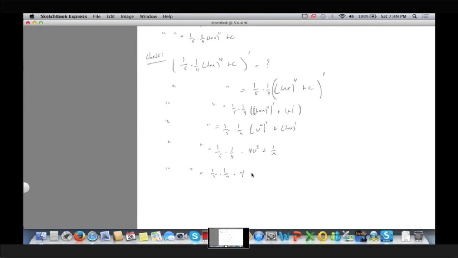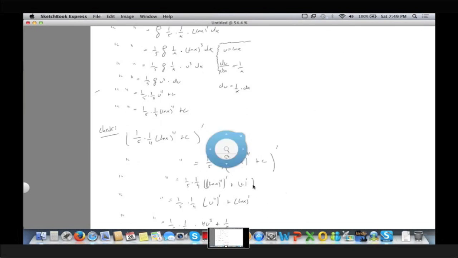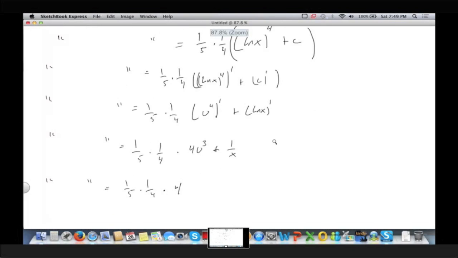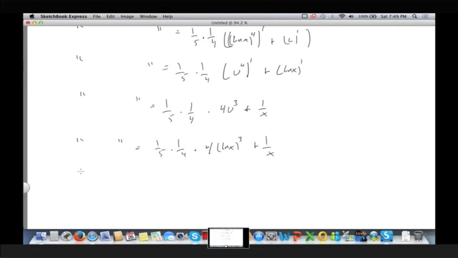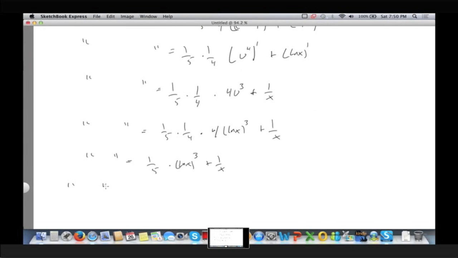And u was natural log of x. So now this cancels out and we get 1/5 natural log of x cubed plus 1 over x, which is equal to natural log of x cubed over 5 plus 1 over x.